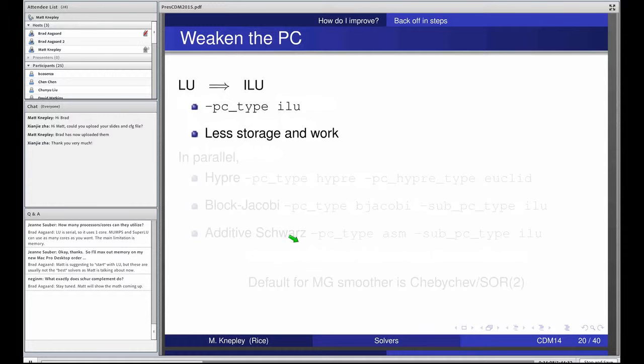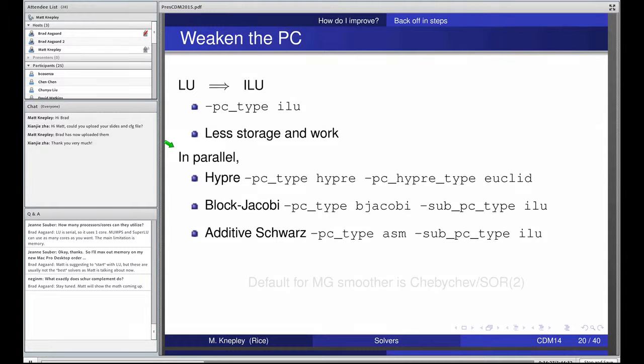You can do the same thing with a preconditioner like LU. You can weaken it to incomplete LU, where you don't do the full factorization, but only part of it, so it has much less storage and a smaller amount of work.